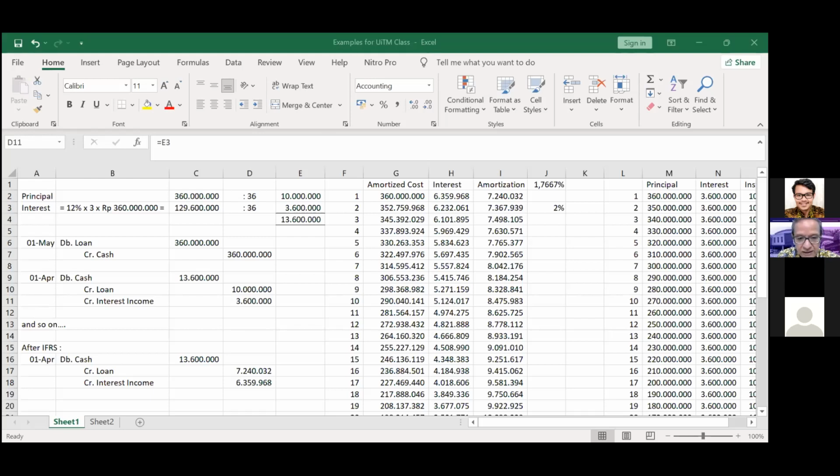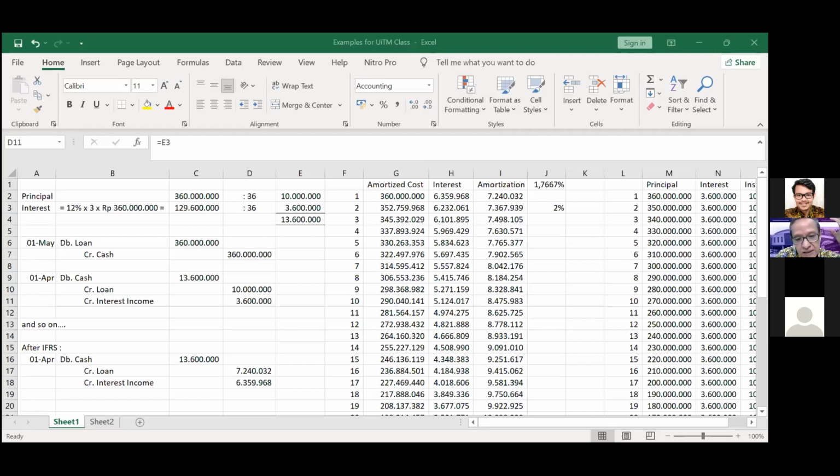But if there is some financial trouble in the debtor's company, then maybe the debtor cannot pay as much as the contractual cash flow anymore. They can pay maybe, but less than the contractual cash flow. Then we have to make a loan loss provision.